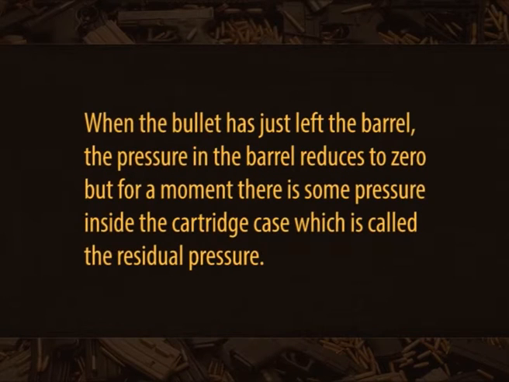When the bullet has just left the barrel, the pressure in the barrel reduces to 0, but for a moment there is some pressure inside the cartridge case, which is called the residual pressure.